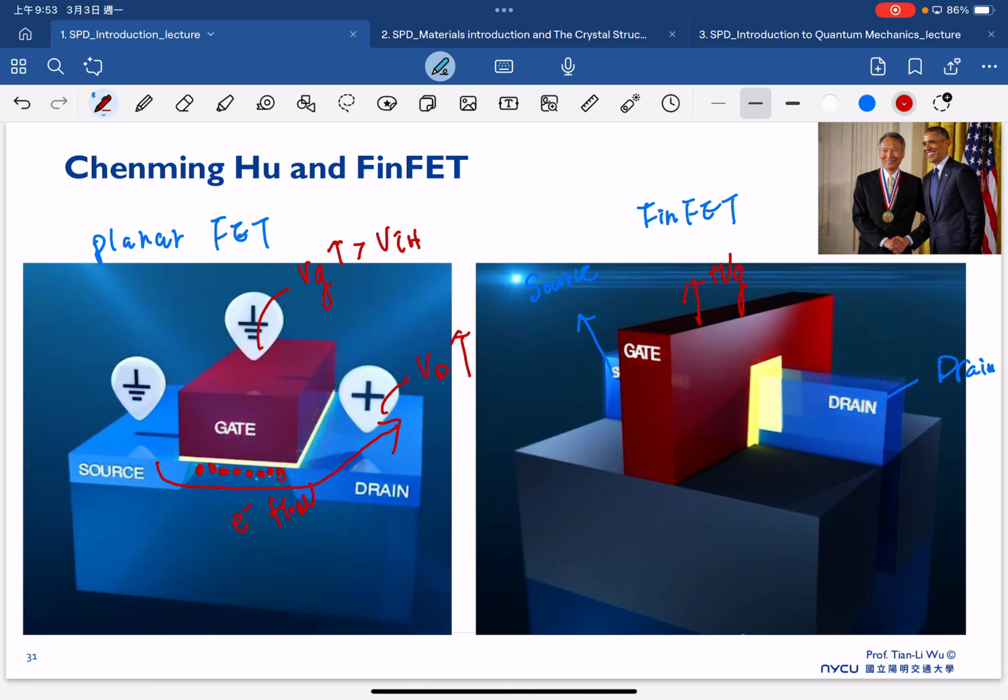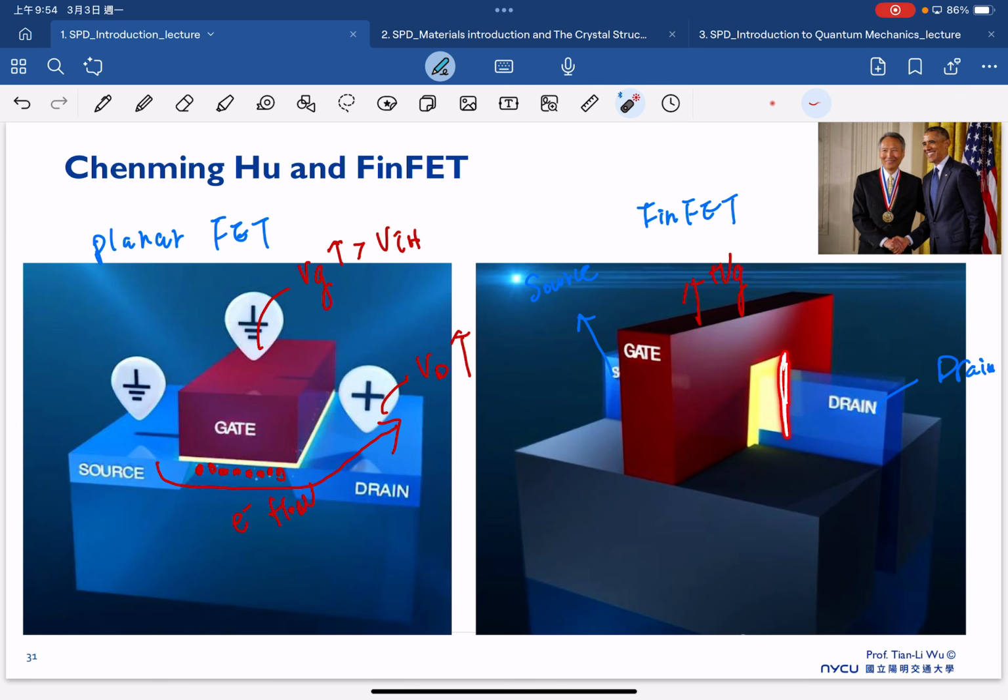But now the gate does not only cover the top of our semiconductor. The top is very similar to here, but now you have the gate covering the channel vertically in this place, and also vertically in this place here.